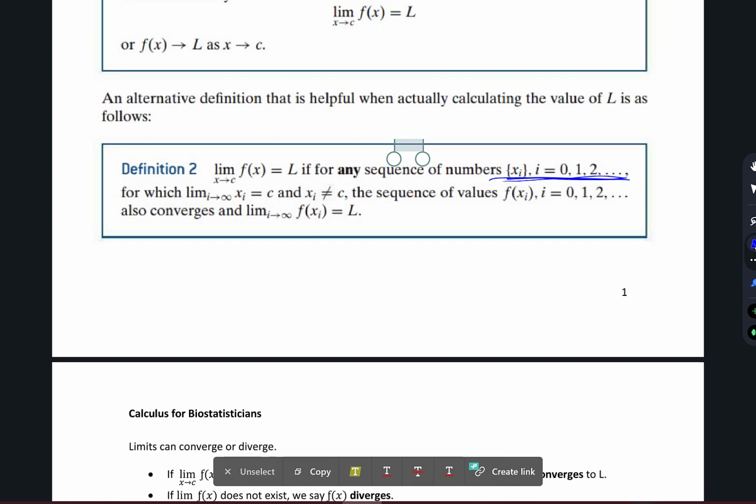And we're going to allow that sequence of xi's to get close to c, but not necessarily equal to c. Then what we're going to see is the sequence of values of the outputs are going to get close to L. And so again, an important thing here is that we're not saying we're evaluating the function at c itself. We're looking at what happens to the outputs as the inputs get close to c. And we're going to look at several examples here, and you'll see in some cases that distinction is not important, but in other cases that distinction is important.